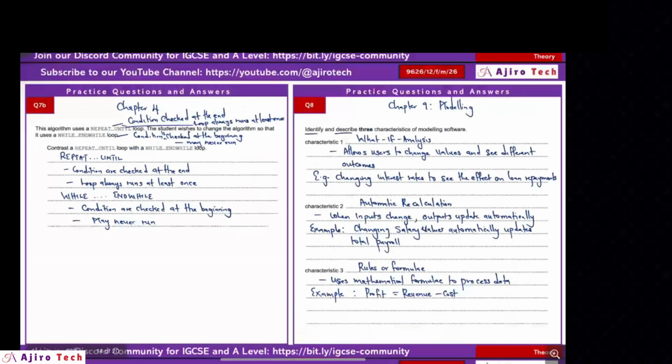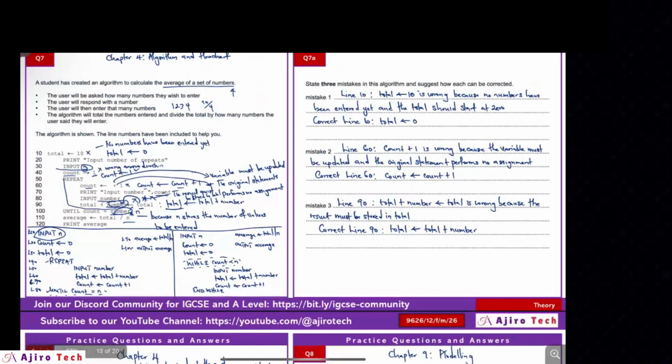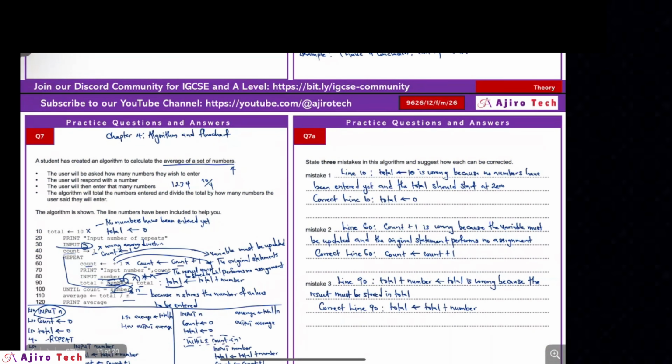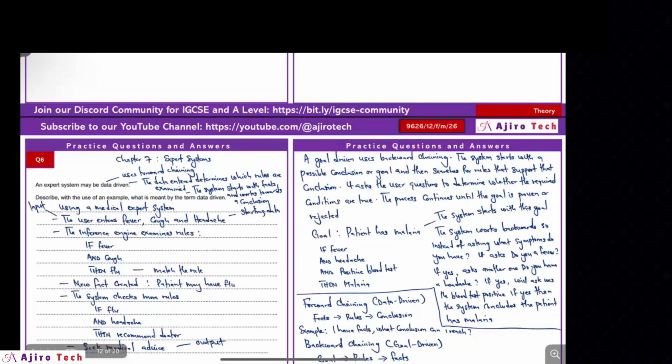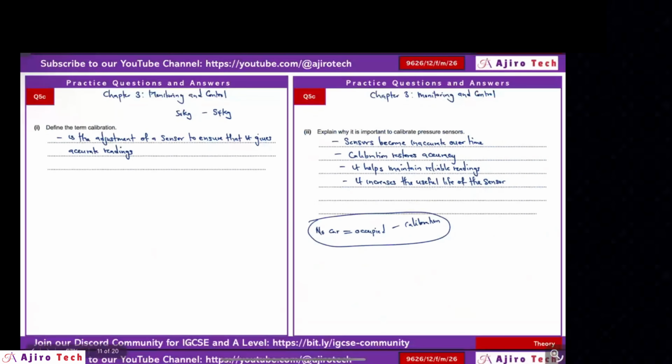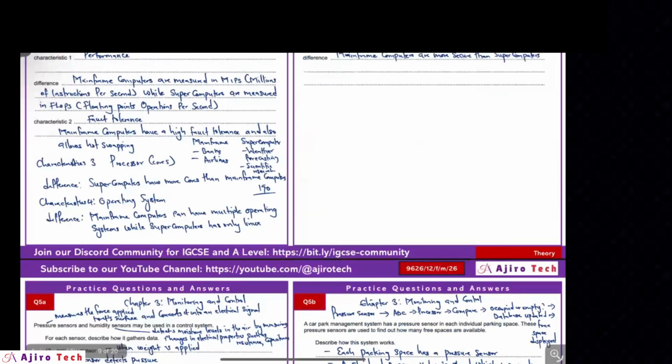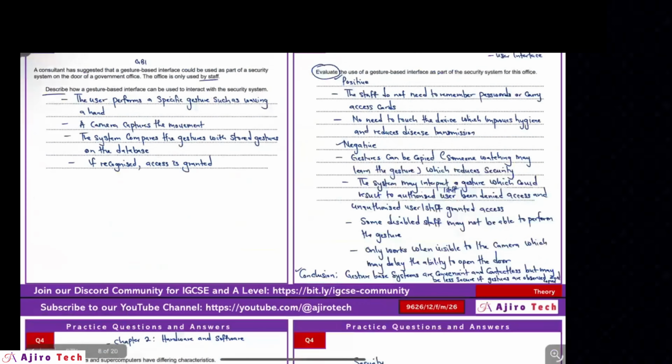But chapter 10, chapter 2, chapter 1, chapter 9, and chapter 6 were here. Every other chapter was included here too, so it's important for you to study and go through.